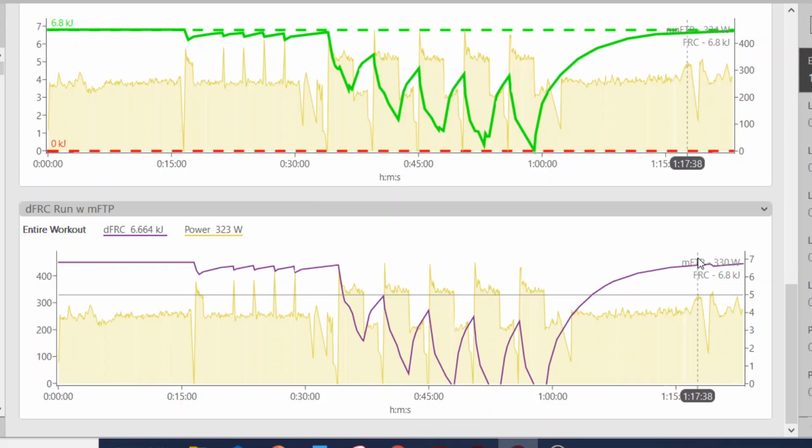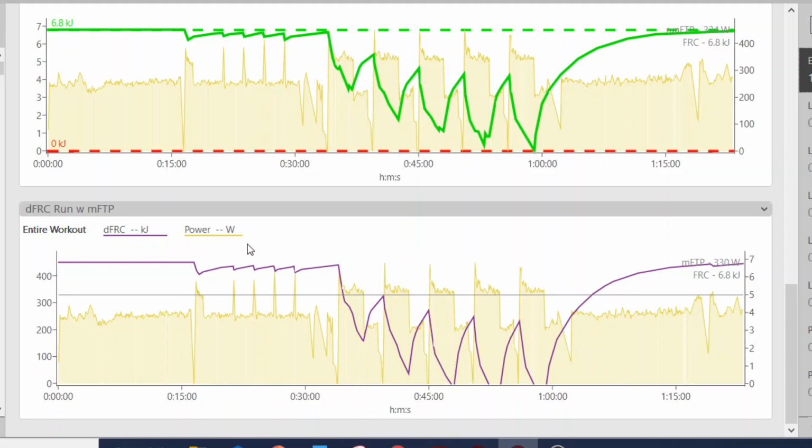So if you go and look at the model, remember what your FTP is is very important, because when you're above it, you're draining the tank, and when you're below it, you're refilling the tank, right?